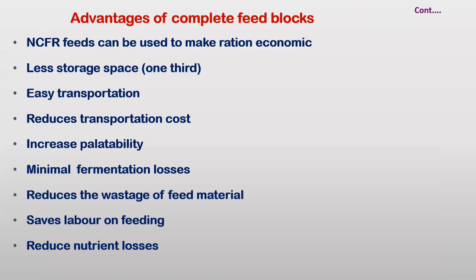So coming to the advantages of the complete feed block, what are the advantages? Actually, non-conventional feed resources, which are not generally used for conventional feeding purposes, can be used to make the ration.